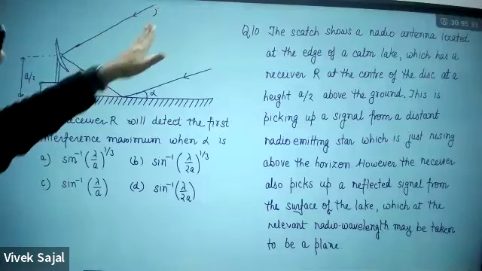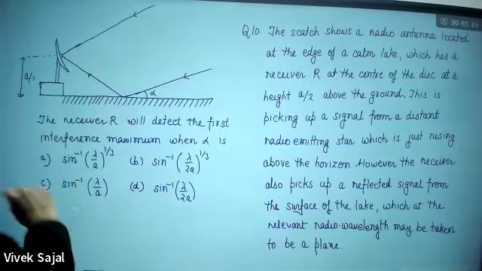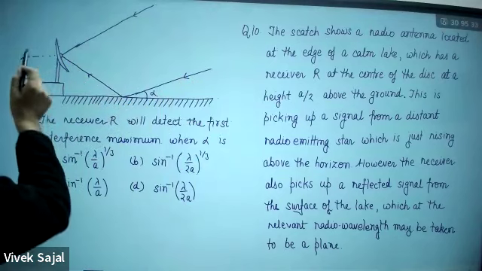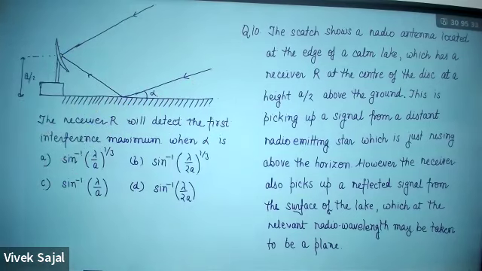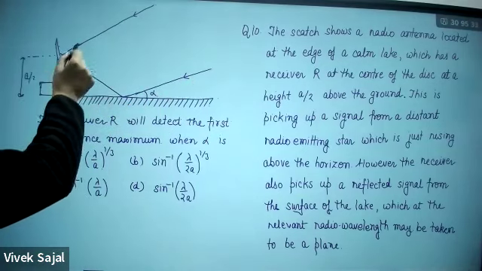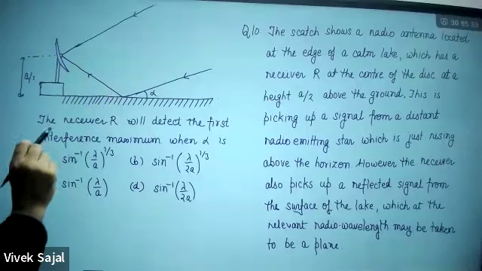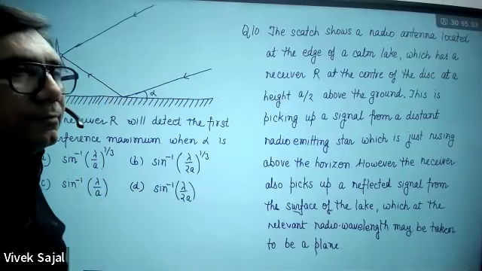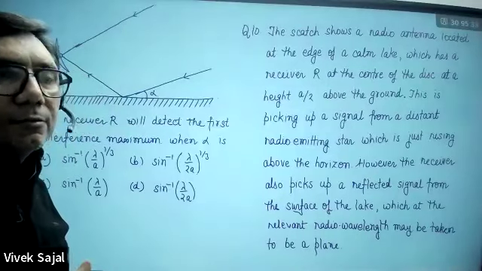One part of the wavefront is directly reaching the receiver. Another part of the wavefront is reaching here after reflection. So you have to find out the path difference between these two. When they are reaching here, then apply the condition of interference, first interference maxima. Okay, and try to solve this question.